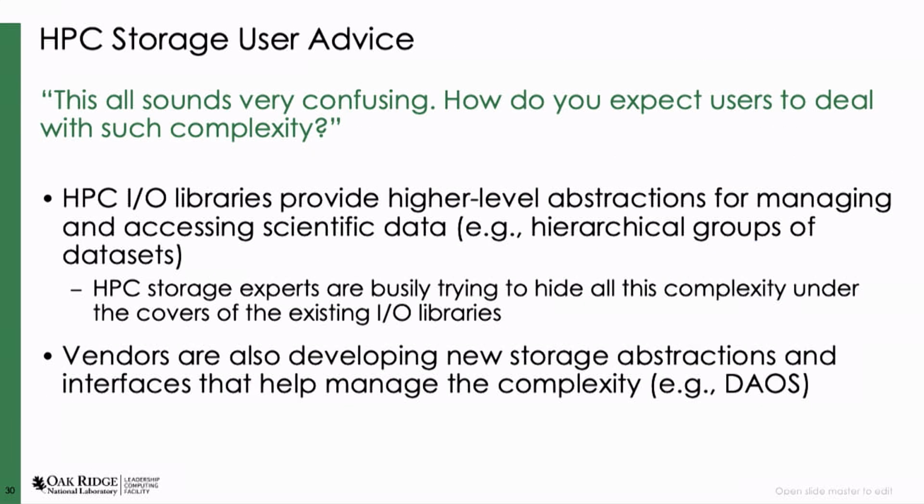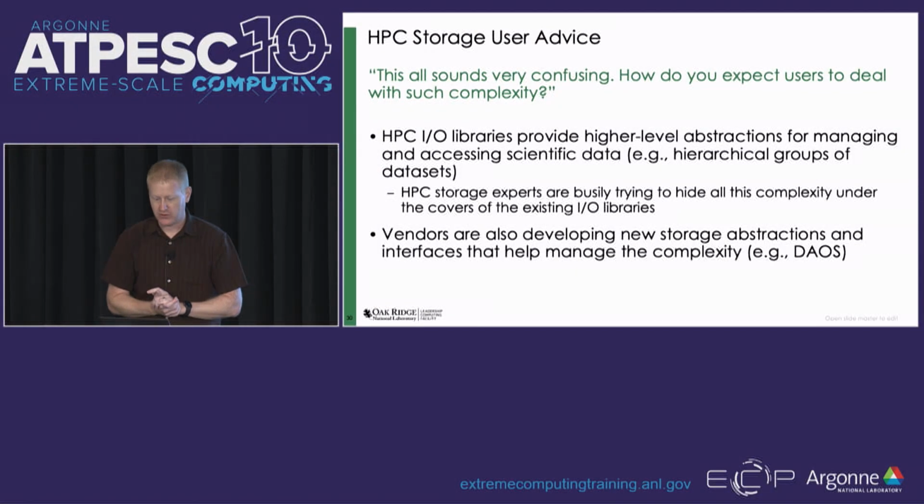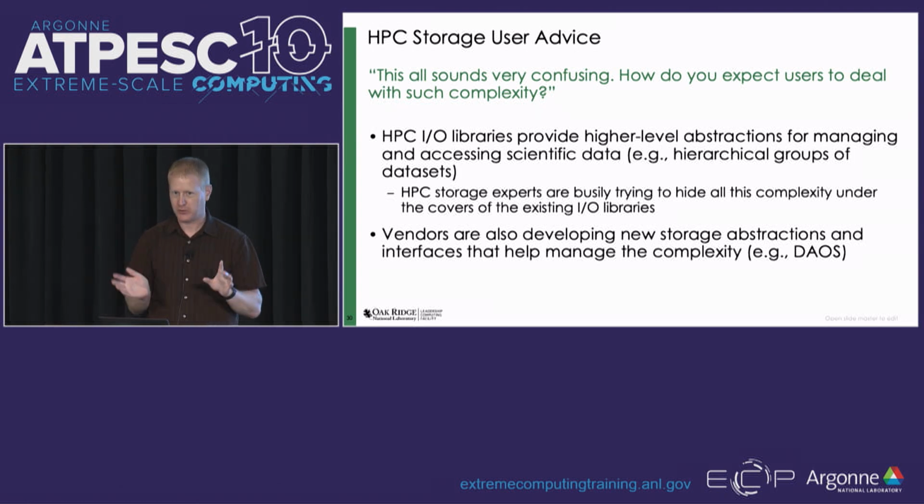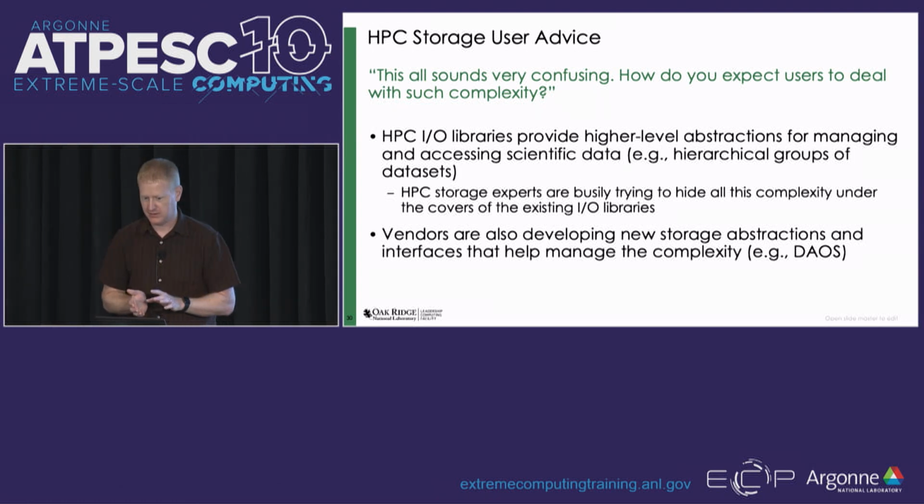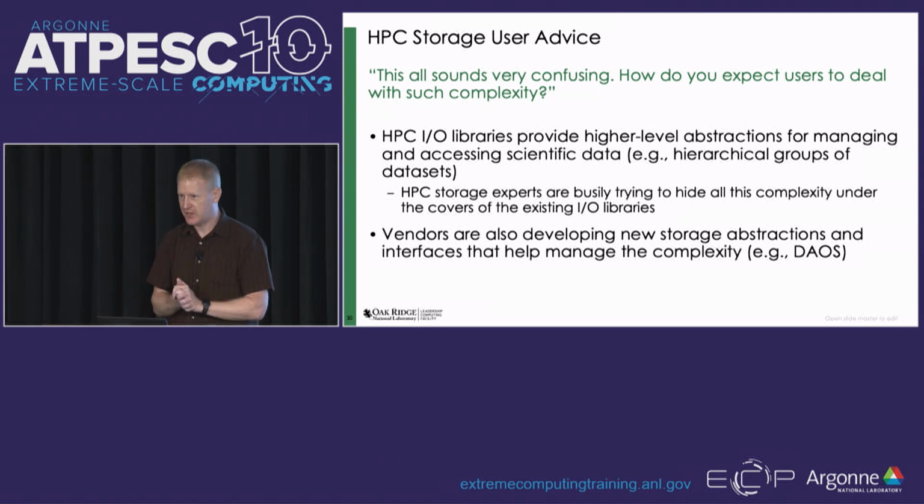So, user advice. I don't know how many of you are thinking this, but I expect all of you: it's all very confusing, and how do you expect us to deal with it? Okay, back to Phil's plug. Use an HPC I/O library.